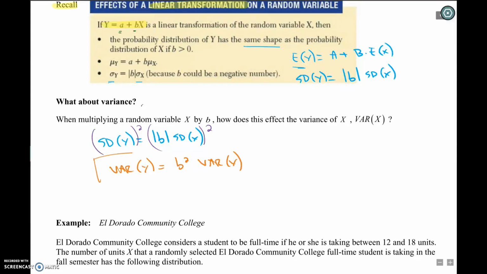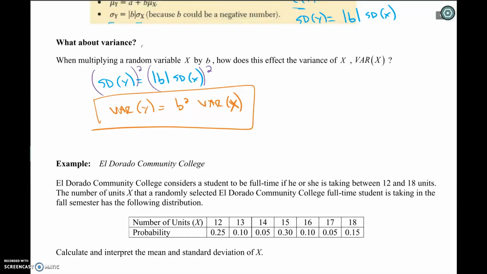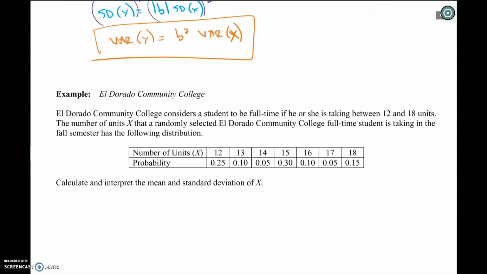So as you can see, the variance of y is going to be b squared times the variance of x. So when I say measures of spread are multiplied by b, I mean measures of spread that are in the same units. If you have a variance, which is units squared, you've got to account for that.